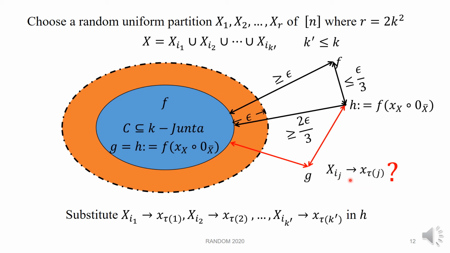That is, for any assignment X, to find the value of the relevant coordinate x_τj of X for all j. So now we have H and at most k relevant sets of coordinates. Assume without loss of generality that the relevant sets are x1, x2 up to xk.